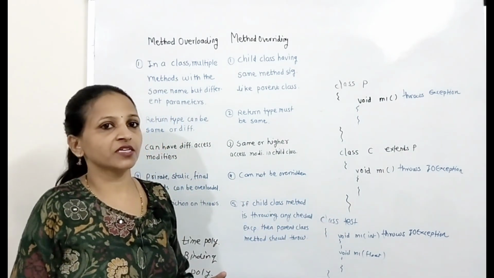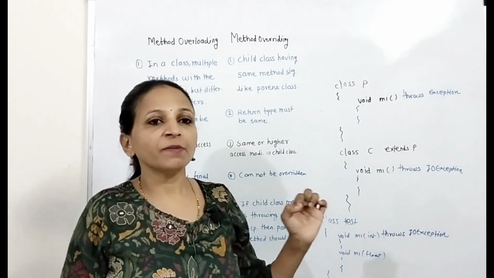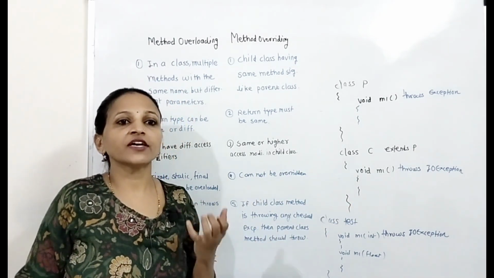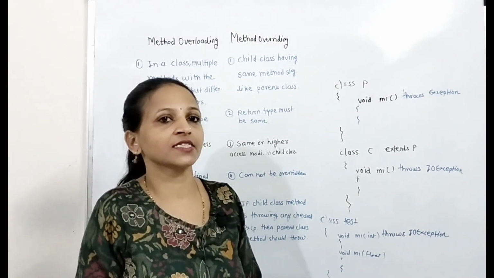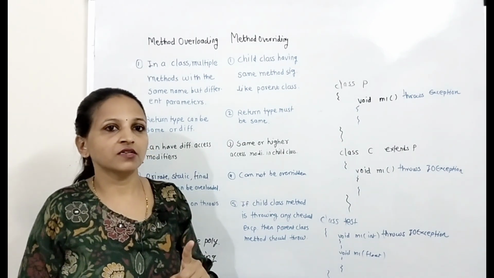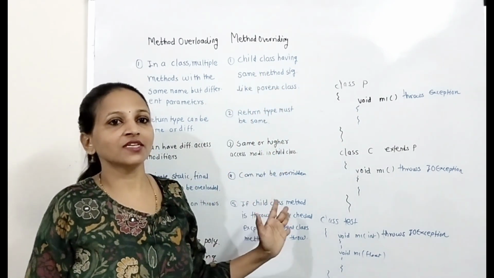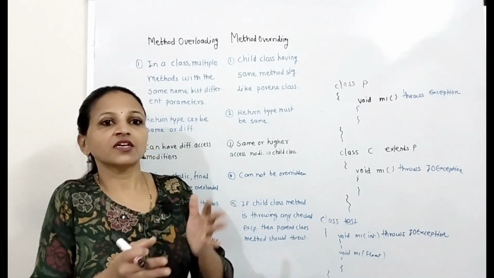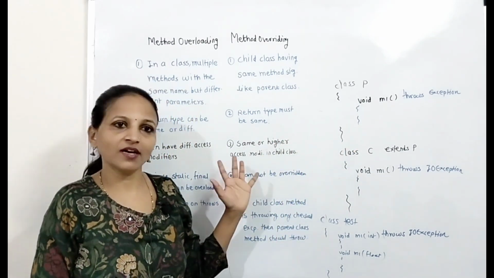Next point is, private, static or final methods cannot be overridden. Now there is a restriction again on the throws keyword. Suppose a child class has a method which is throwing a checked exception, then the parent class should throw that type of exception or any parent class exception type. Meaning suppose the child class method is throwing IOException, then the parent class method should throw Exception or IOException.